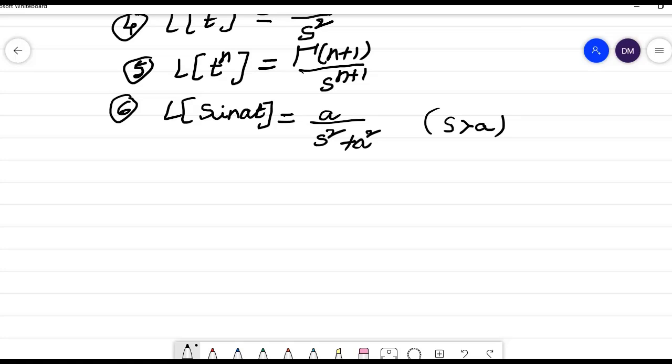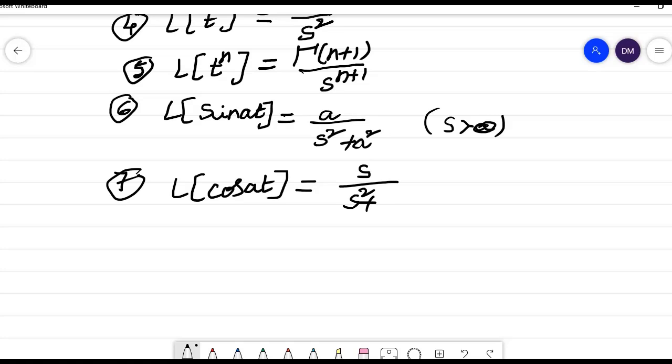Right? So now coming to the seventh property. Here s is greater than 0. L of cos at is equal to s by s square plus a square. Here also s is greater than 0.